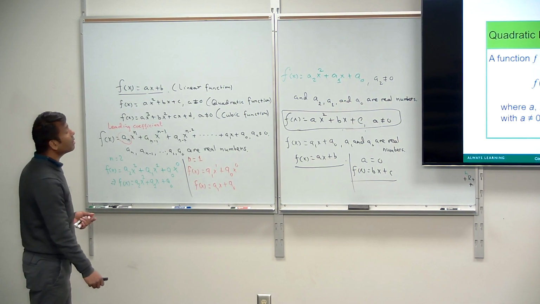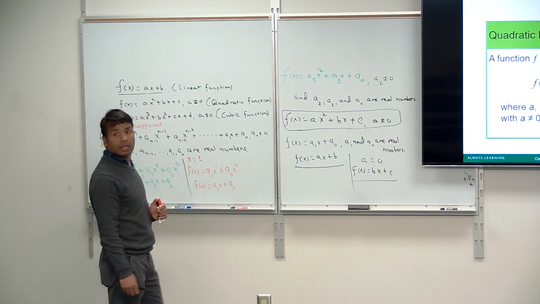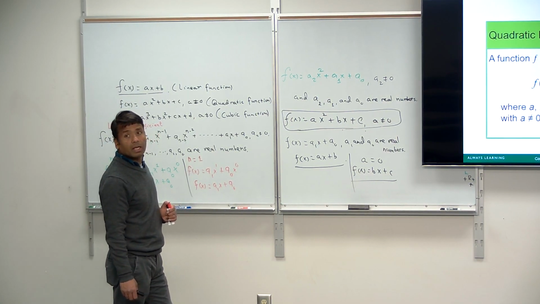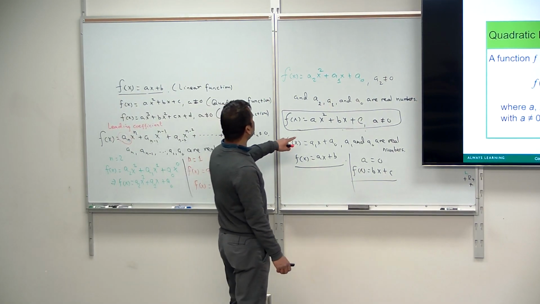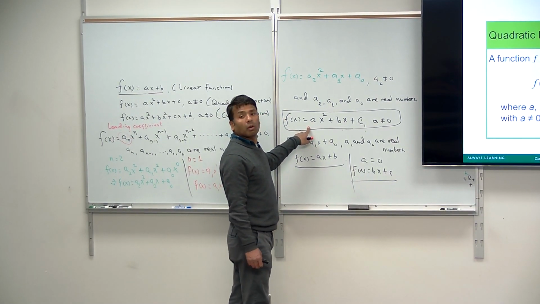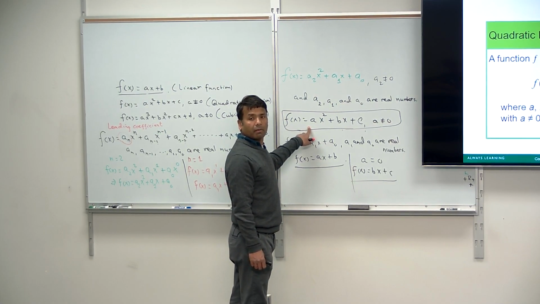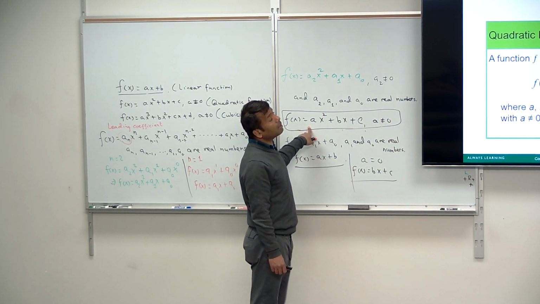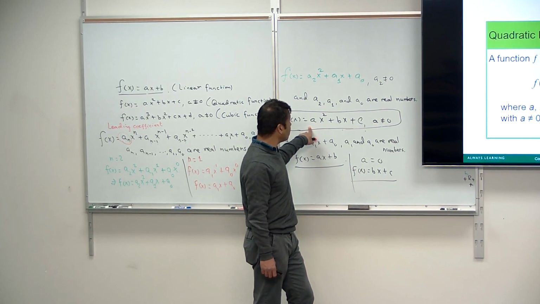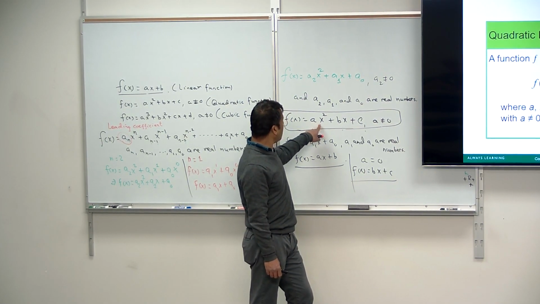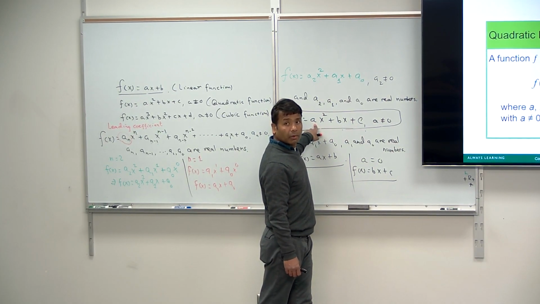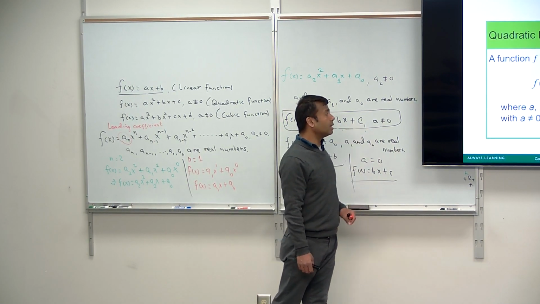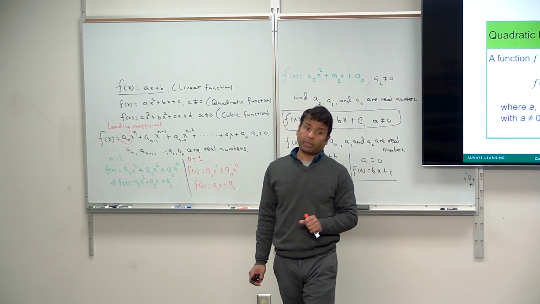So now this is the quadratic function. A function f is a quadratic function if f(x) equals ax squared plus bx plus c, where a is not equal to 0 and a, b, and c are real numbers.